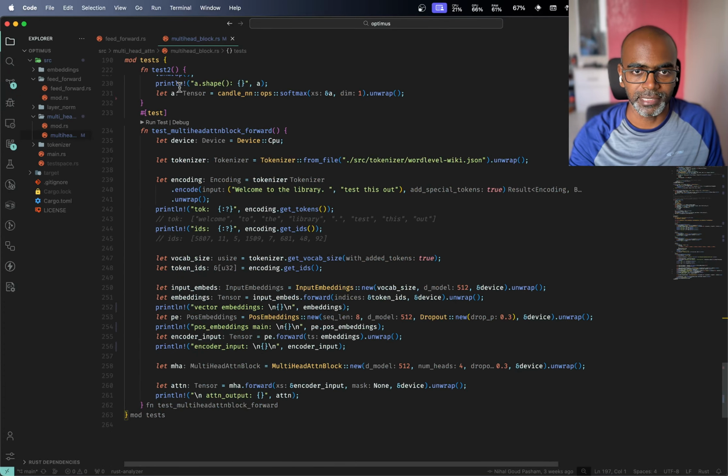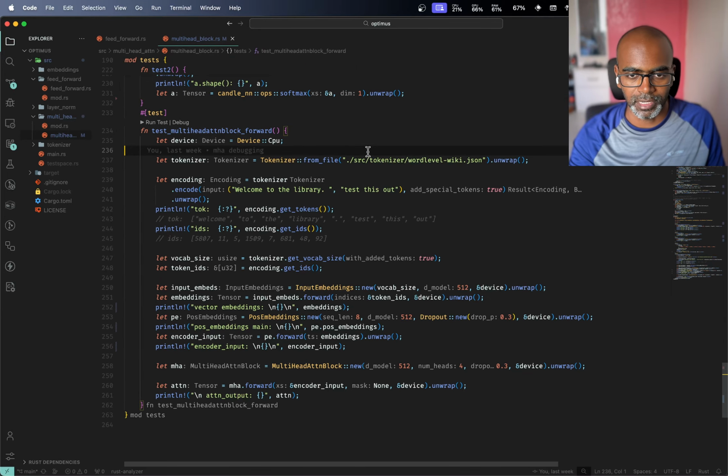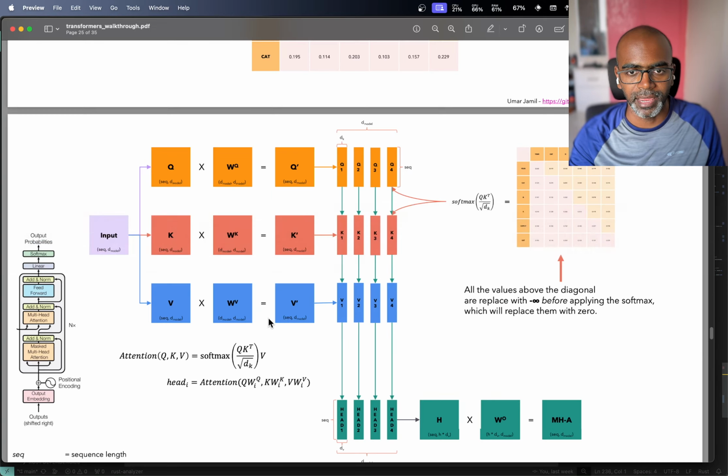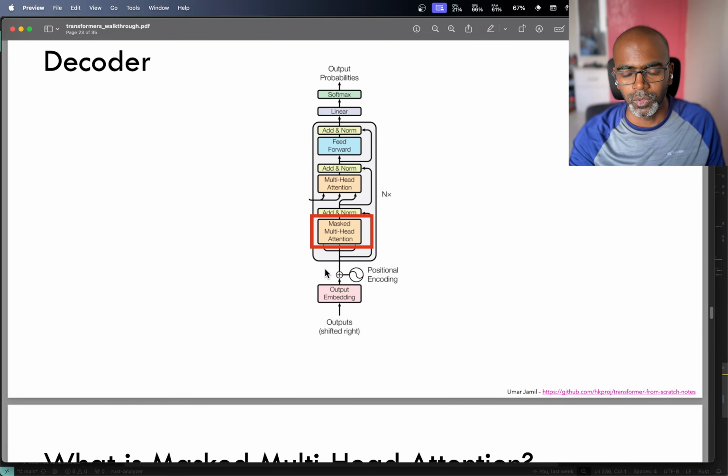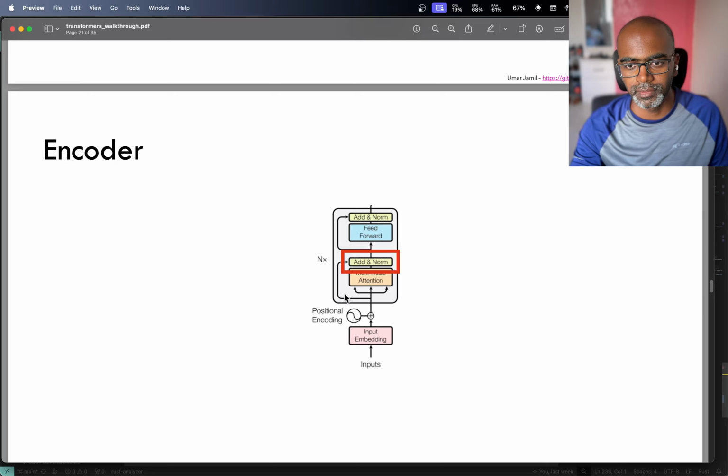First, let me do the main test. Let me run the full multi-head attention block. That means we will do two things. We will get the input embeddings. We'll get the positional encoding.